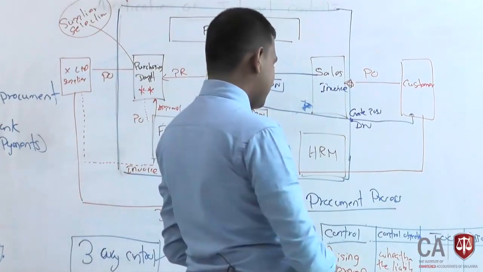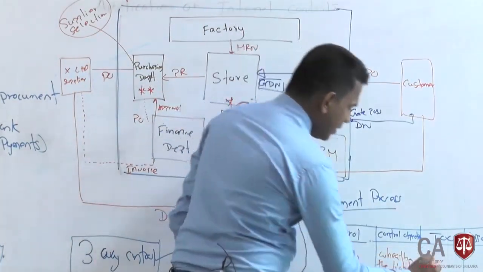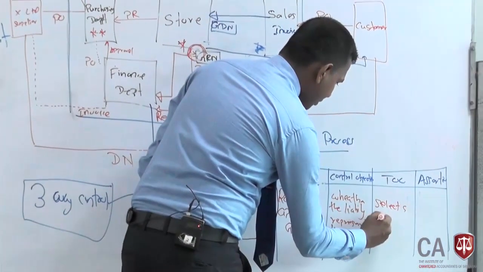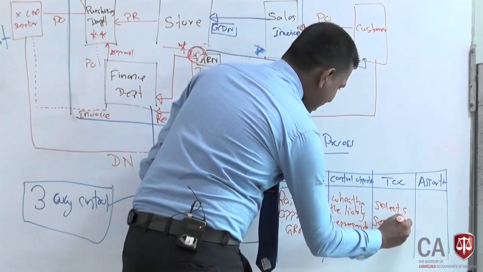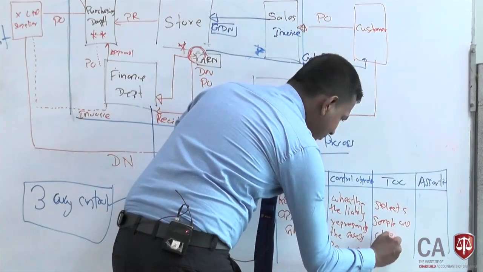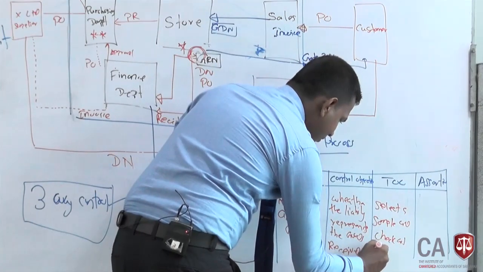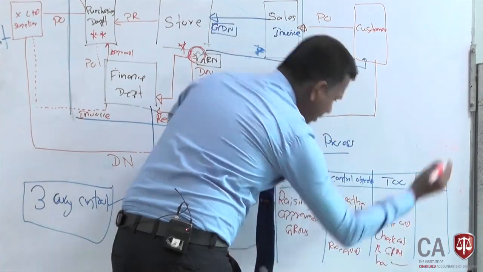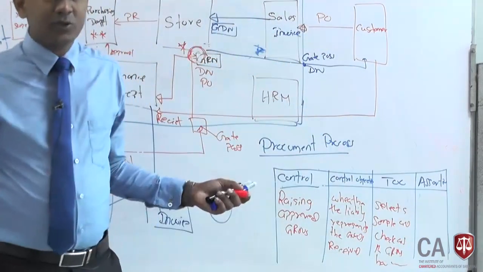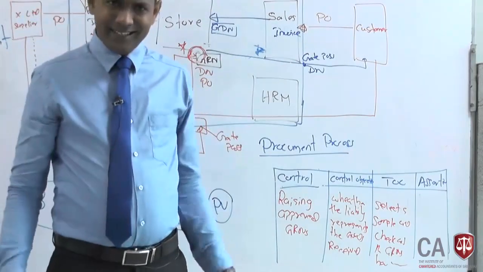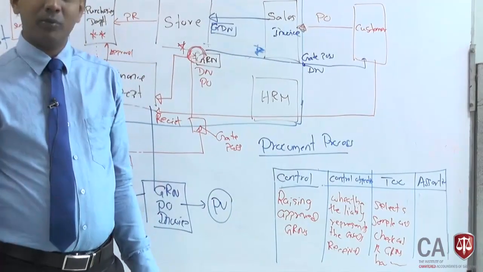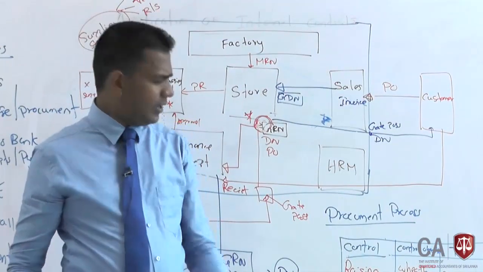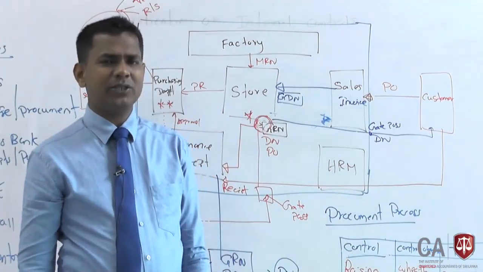So select a sample and check whether GRNs have been raised. You can select the sample based on the purchase ledger or purchase day book. You can use that as a benchmark and perform the test of control.